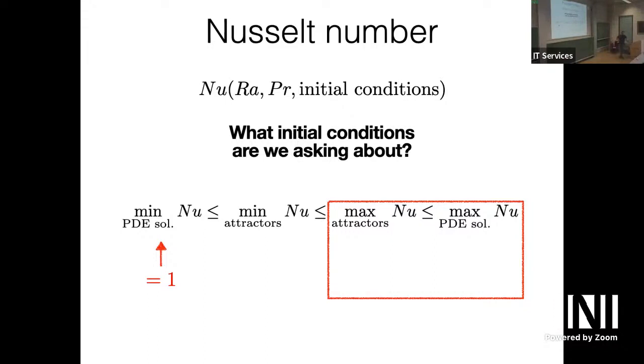So let me take a bit of a side door and make up a related question, which is, I'm going to restrict myself to thinking about a certain subset of all PDE solutions, not the attractors, but maybe just the 2D ones, maybe just the steady states, which is, of course, a lower bound on the max over everything. And maybe I can make some progress in understanding how something scales. Okay.